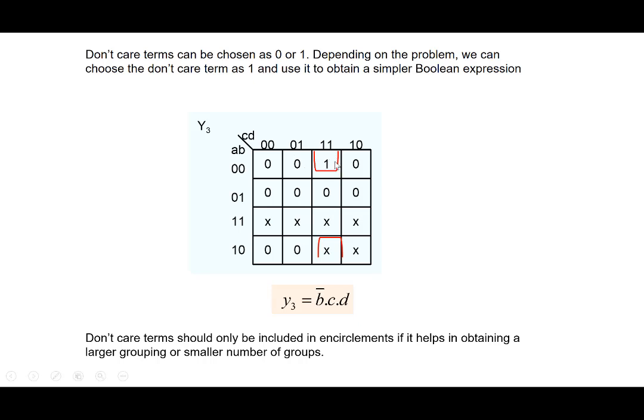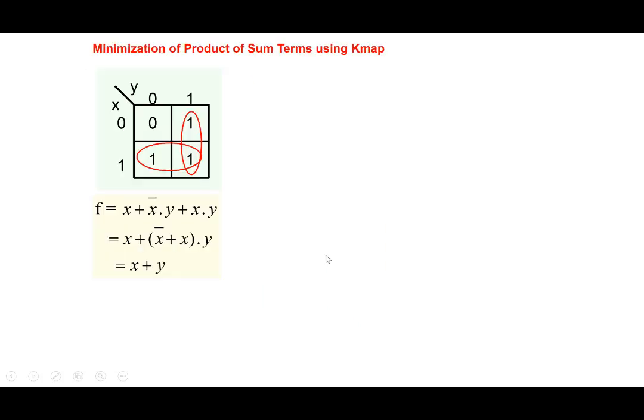So we would like to cover this one with as simple a term as possible, so as large an encirclement as possible. So we see that this one and this X, if we make it 1, can be combined together. So don't care states can also be there in your Boolean function, and they can be taken advantage of in the simplification process here.